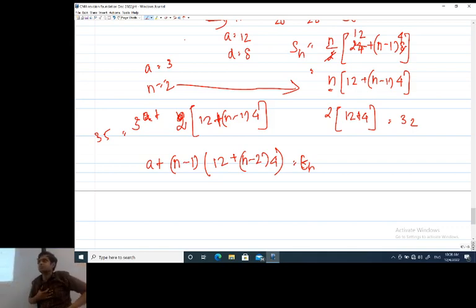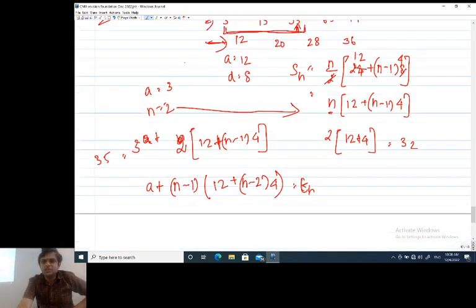I cannot take 3 in this formula; 3 is the first term, so when I mean Tn in the summation, I mean Tn minus 1 in the previous one. So I have taken it that way.